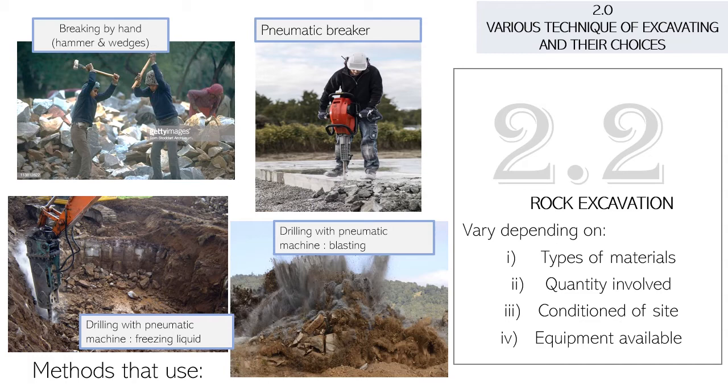Examples of techniques for rock excavation are breaking by hand using hammer and wedges, pneumatic breaker, drilling with a pneumatic machine with the assistance of freezing liquids such as liquid nitrogen, and drilling with a pneumatic machine by blasting.